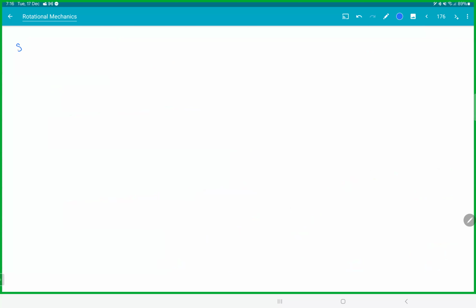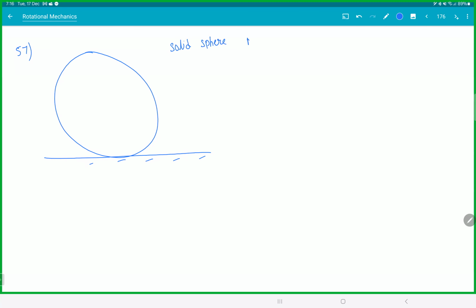These are advanced level questions only. They're not tough to solve, but there's a high chance of messing up something. Advanced, these are like moderate level. This is a solid sphere of mass m and radius r going with V, omega.